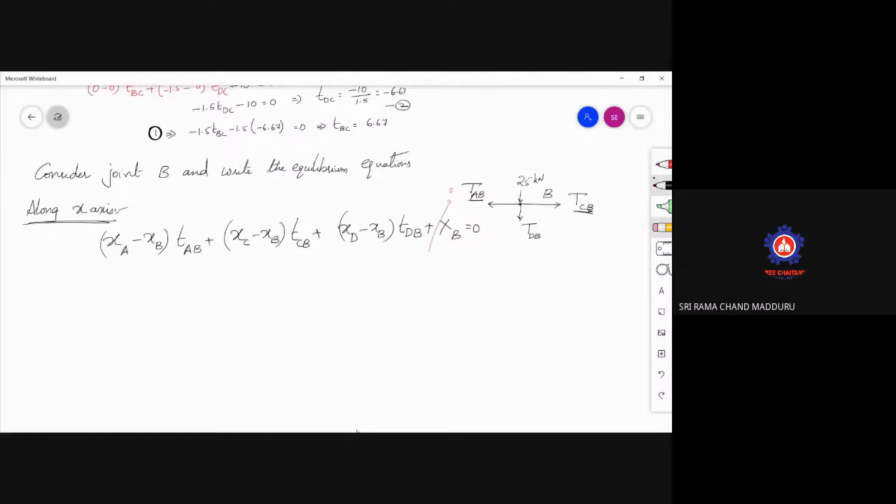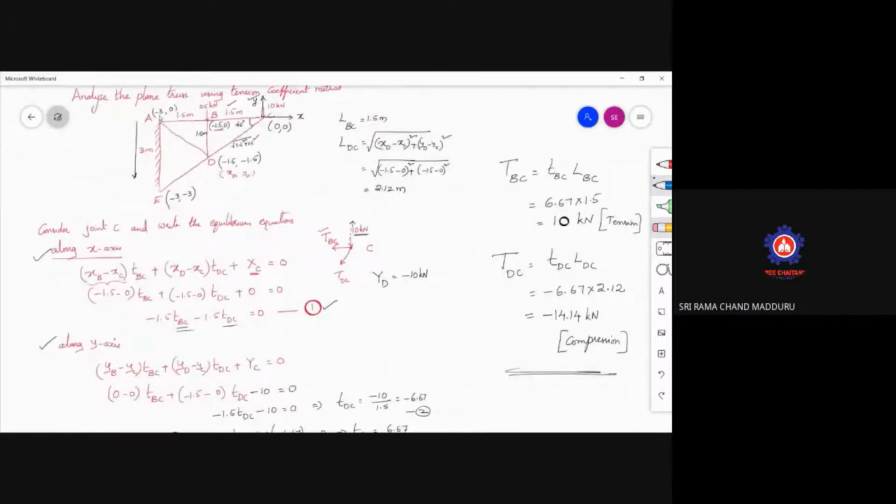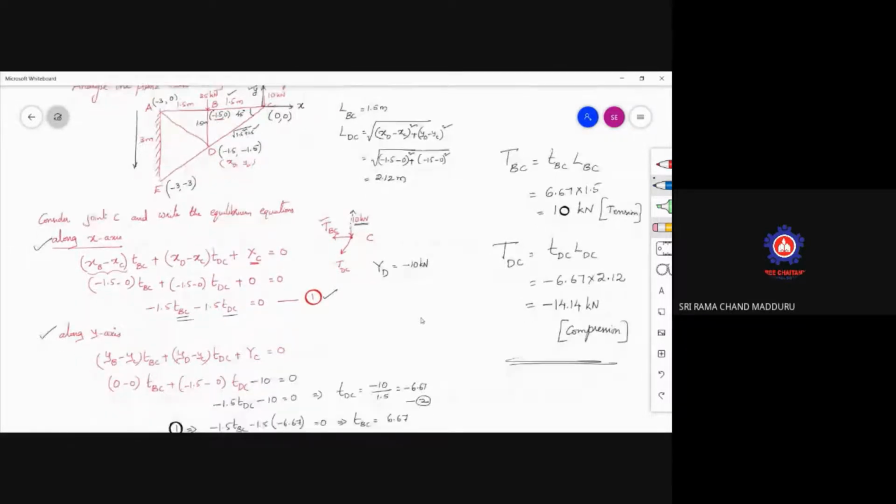Now substitute the values. Go back to the coordinates available in the diagram. XA is minus 3, XB is minus 1.5.